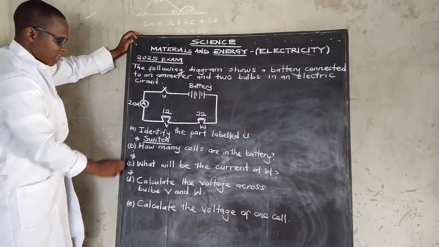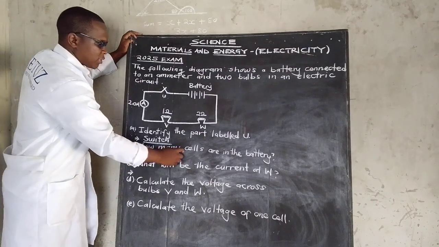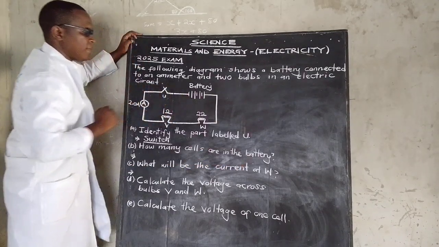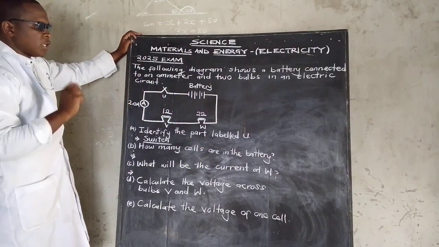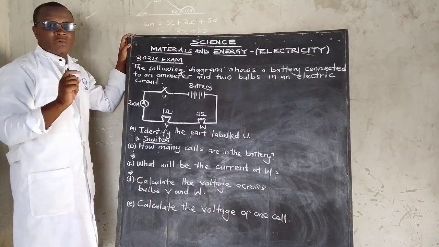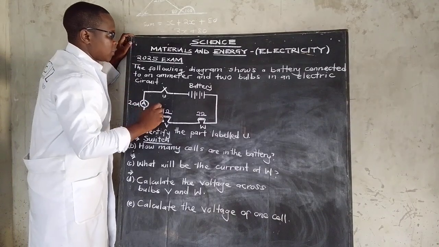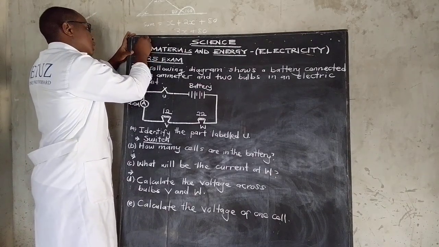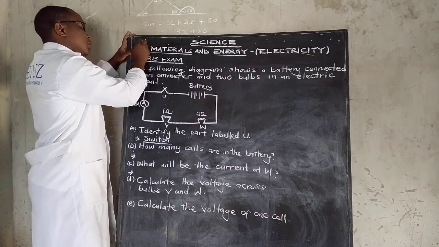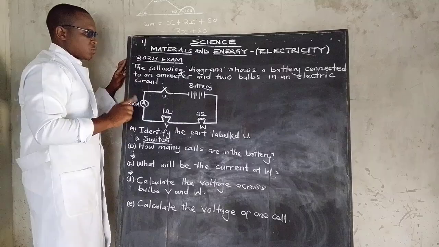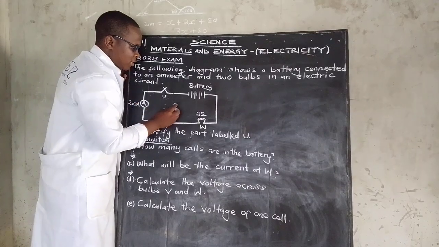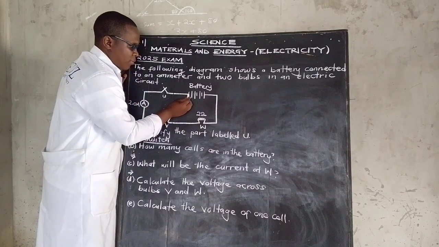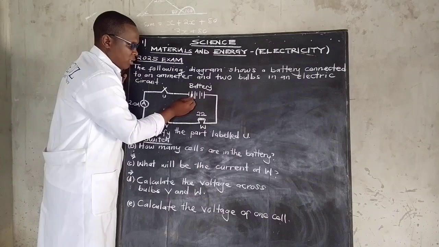Question B. How many cells are in the battery? So guys, how do you count the number of cells? A cell looks like this. You have a short pole and a long pole. This one makes a cell. So counting cells, you count like this. A short pole and a long pole makes 1.